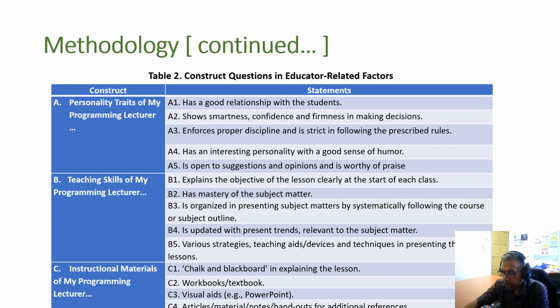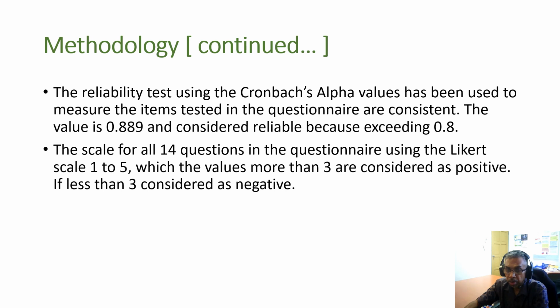Table 2 shows the 3 main items or constructs, which are the personality traits of the instructor, teaching skills, and teaching material used by the instructor during the teaching delivery. The reliability test using Cronbach's Alpha was used to test the questionnaire that has been constructed.